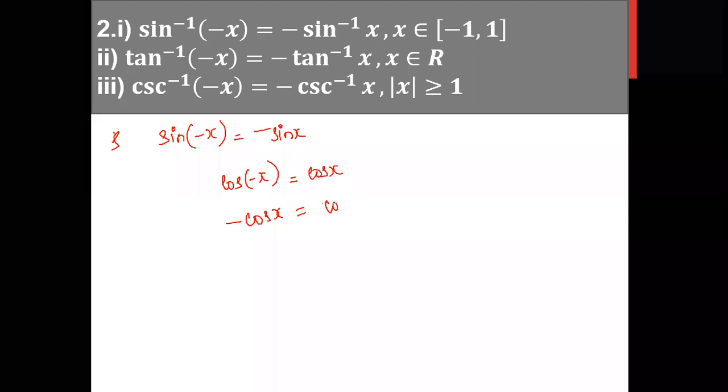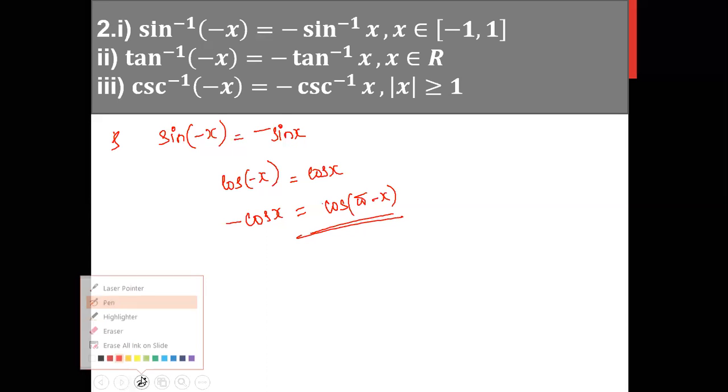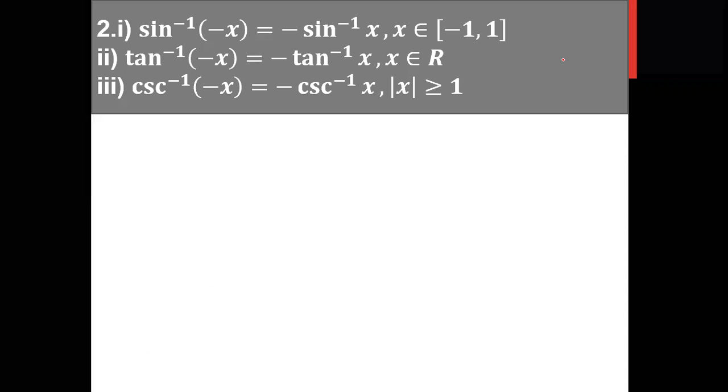Cos pi minus x, correct? Not cos 90 minus x. Cos 90 minus x becomes sine. It goes for this corresponding angle. So cos pi minus x is minus cos x. So you remember these things. Similar thing works for the inverse trigonometric function as well.